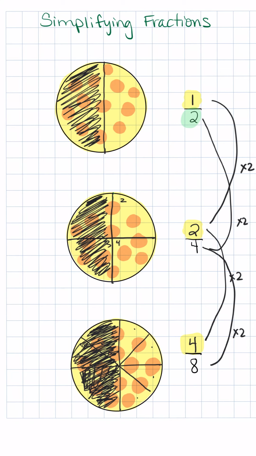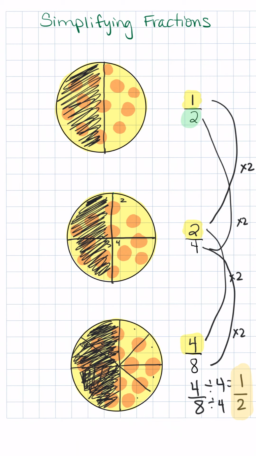So if I had 4/8 and I wanted to reduce it, I could divide both the top and the bottom by 4. 4 divided by 4 is 1. 8 divided by 4 is 2. Therefore, I'm left with 1/2. That's equal. See, 4/8 is equal to 1/2.